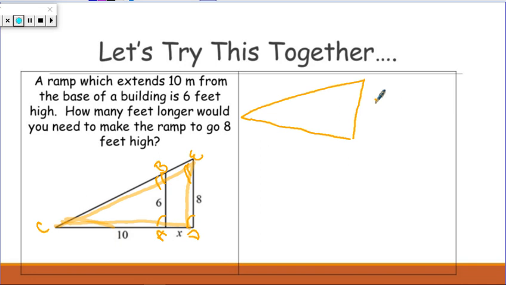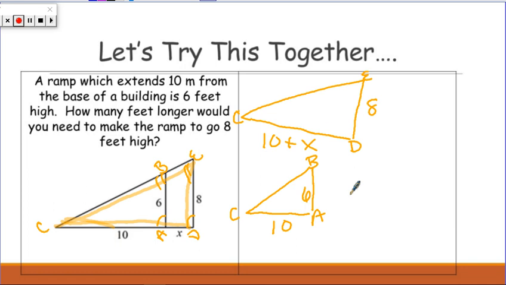This side is 8 for the big triangle, and this side here is 10 plus X. This is the big triangle, and I'll call it C, E, D. The little triangle is always above the line that's in the middle. So here's the little triangle, which consists of C, B, and A. C to A is 10 and B to A is 6, and it wants you to solve for X.